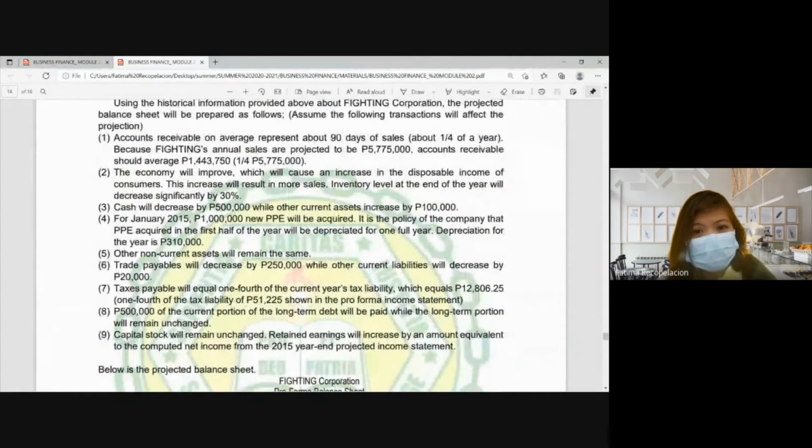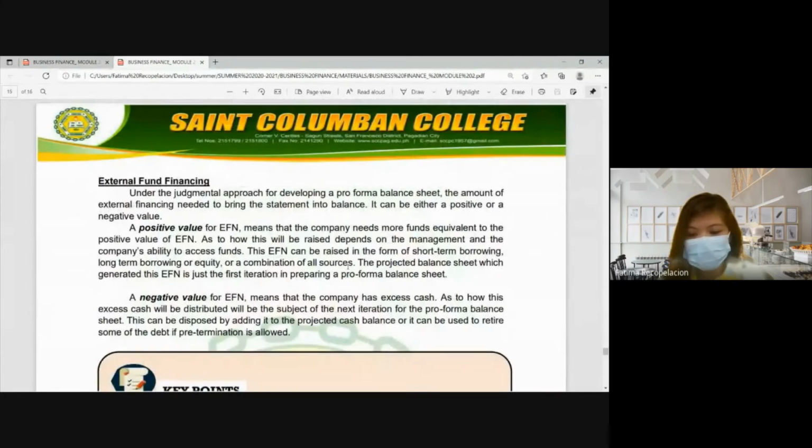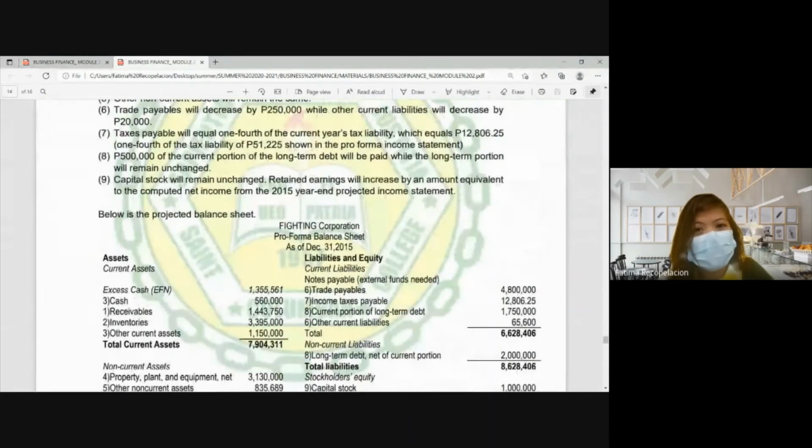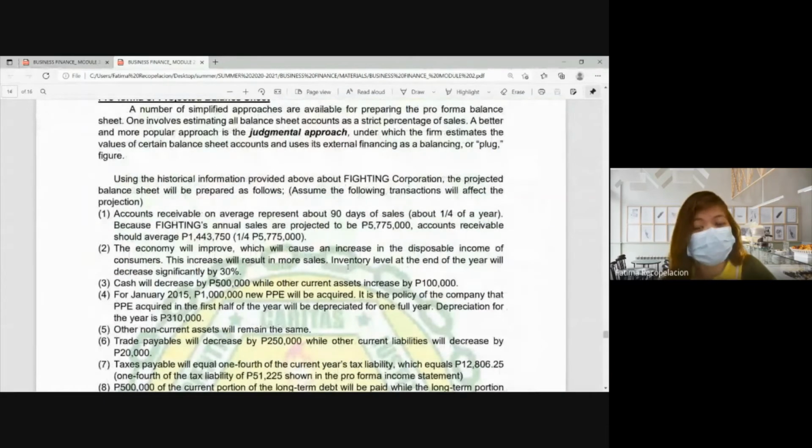Okay. So for example, in the module, there are 9 assumptions related to our balance sheet. The approach introduced here is the judgmental approach, which is what is usually applied. When we say judgmental approach, we tend to subjectively assess the item. So for example, number 1, accounts receivable.